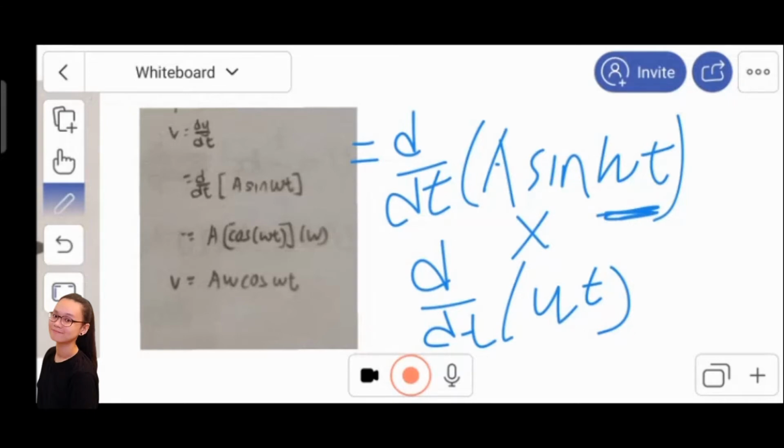So the differentiation of sine gives cos, and the differentiation of omega t gives omega, because we are differentiating in terms of t. So in the end we get this formula by combining this and this.